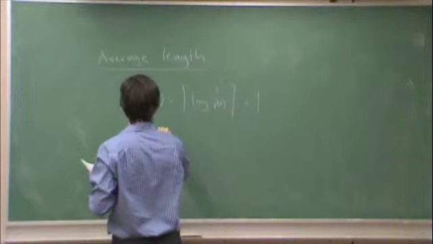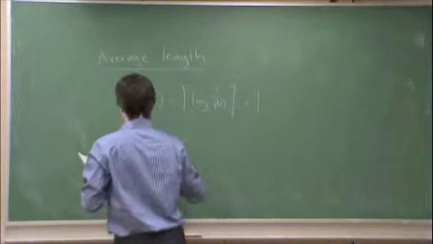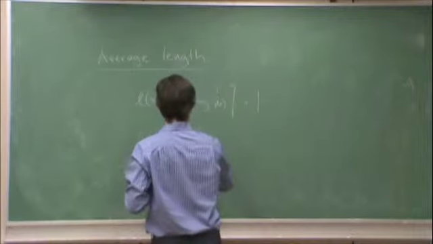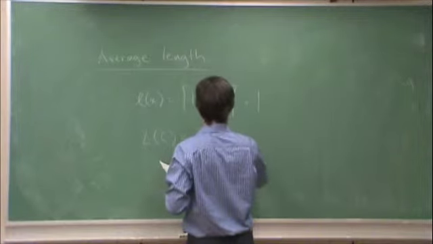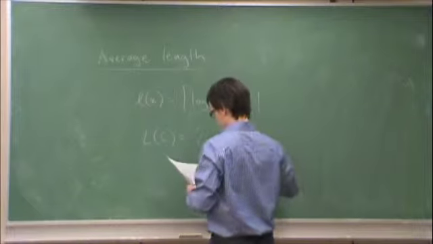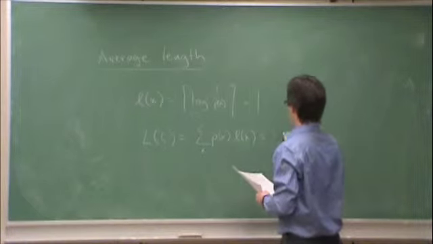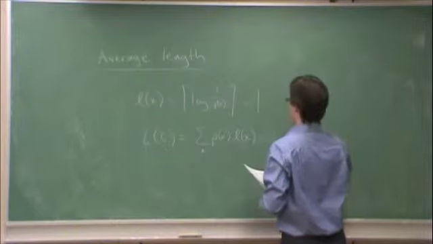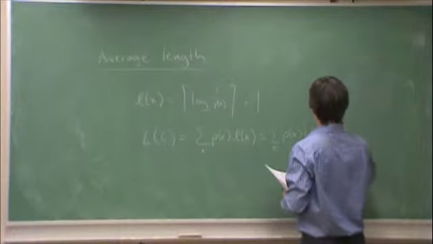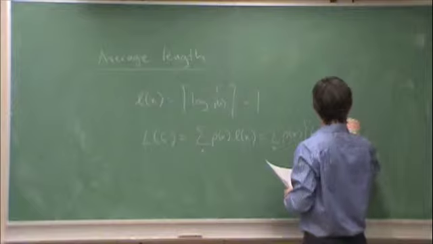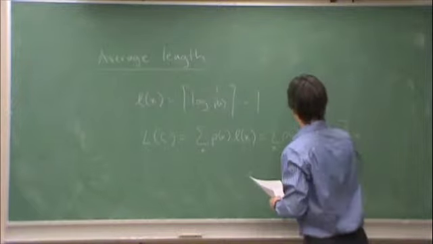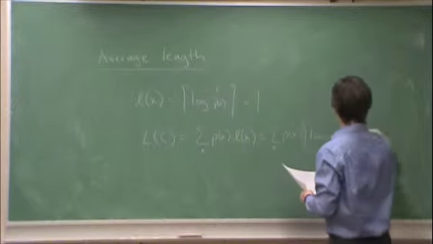So the average length of the code is the sum over x, probability of x, times L of x, which is the sum over x, probability of x, ceiling of log 1 over p of x, plus 1.